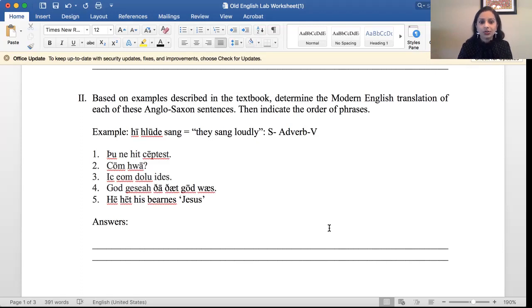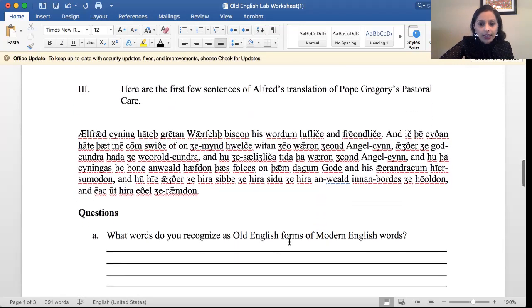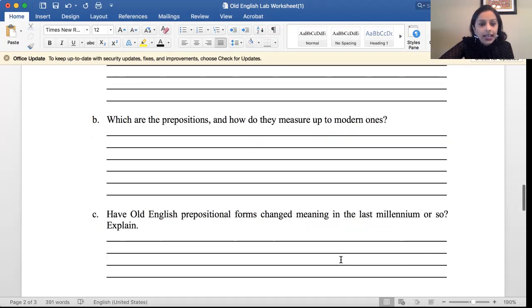And I also want you to indicate the order of phrases. Then here is Alfred's translation of Pope Gregory's Pastoral Care. It's in Old English. I want you to read this, and I want you to identify Old English forms in this passage that you recognize as modern English words that exist today.